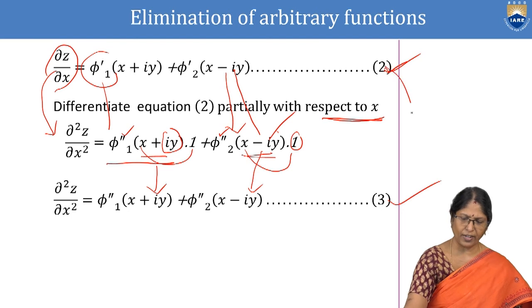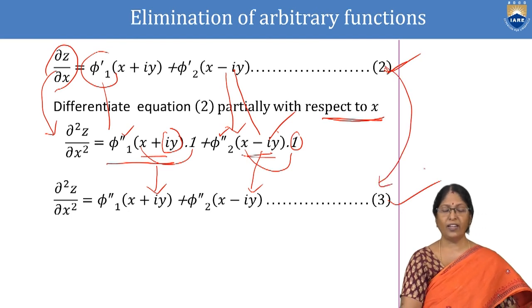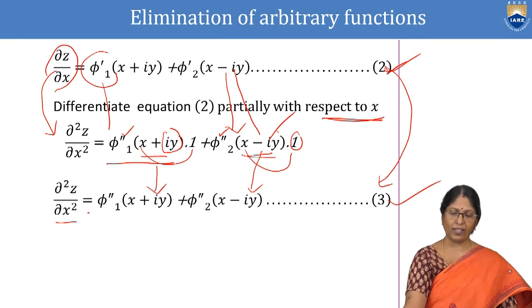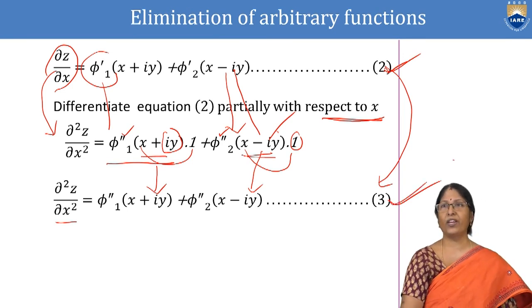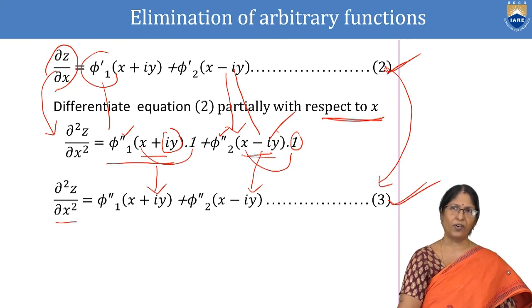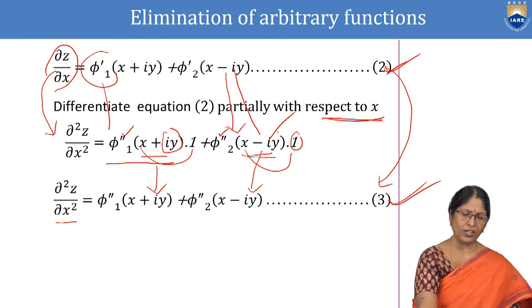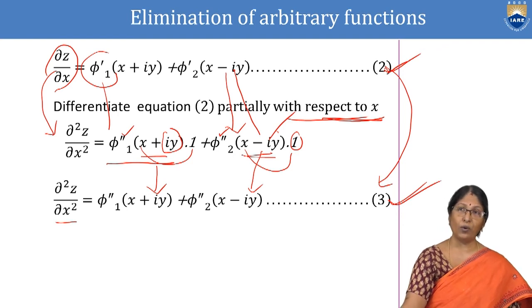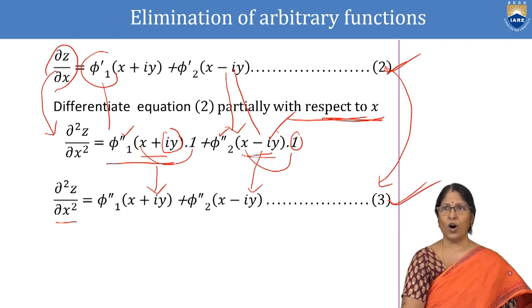Once again we did the differentiation, that is, a second time also we moved partially with respect to x. That equation we named equation 3. So completely the treatment of the given equation with respect to x, the job is over. Now we will see how to deal with the given equation with respect to y.